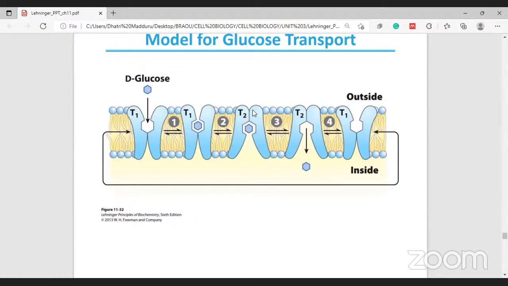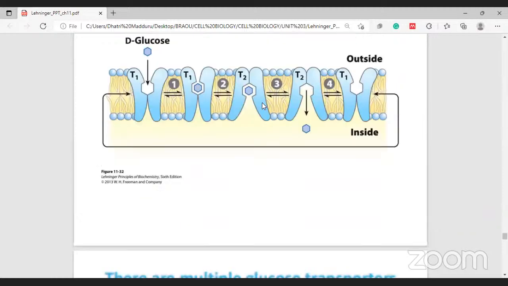Then the outside region will be closed, which means a conformational change takes place. The inside then opens to the cell interior, and the glucose is released inside. Again the inside portion will be closed and the outside portion will be open for the next glucose molecule. This is how the transport takes place.